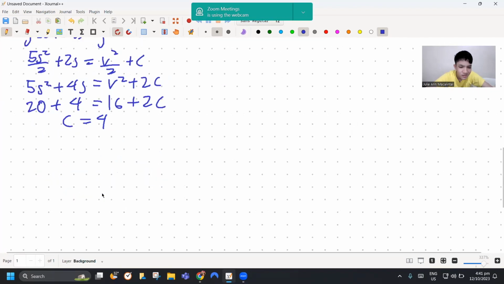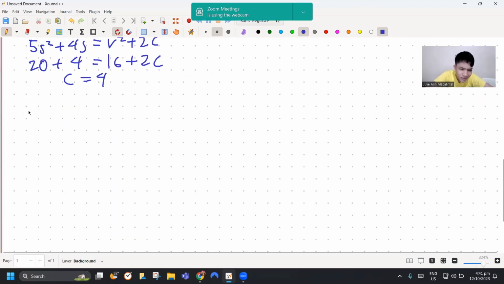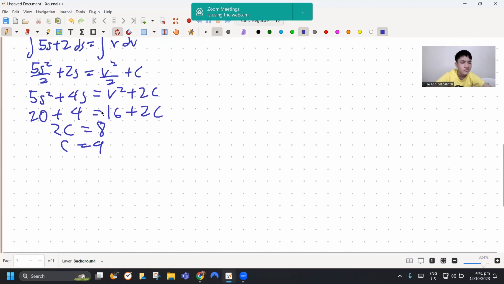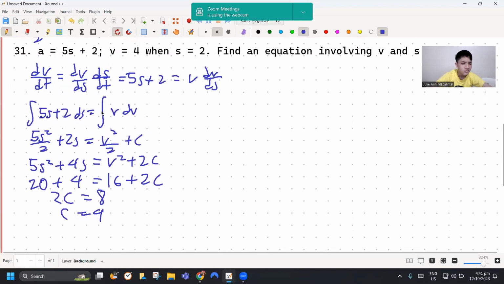Therefore, 20 plus 4, so 26. Teka, 4 square over... bakit, saan nanggaling yung 5s square over 2 plus 2s?